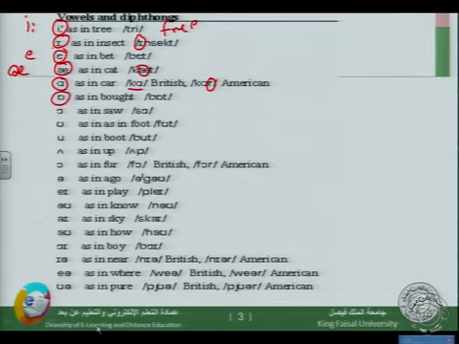Also we have the sound O, like boat. Here we have foot, and also we have butt, up.